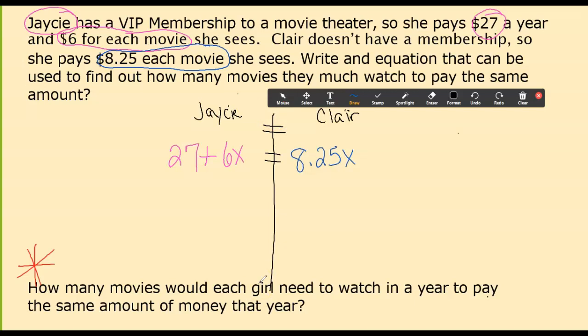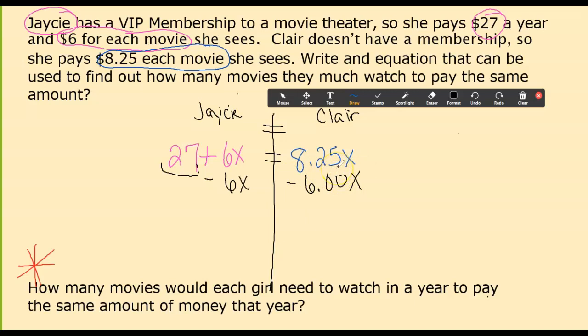Variables to one side, numbers to the other. I already have just my 27 over here, so let's keep it. So we need to move the 6x to the other side. What's the opposite of adding 6x? So subtract 6x from both sides. Now remember, 6 is a whole number.